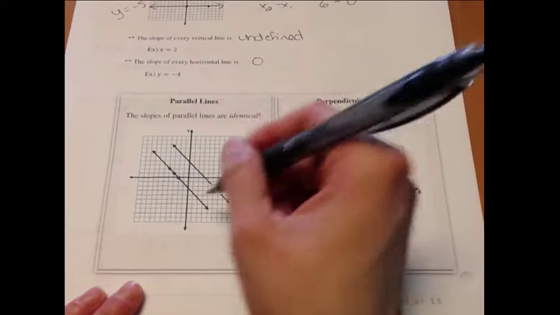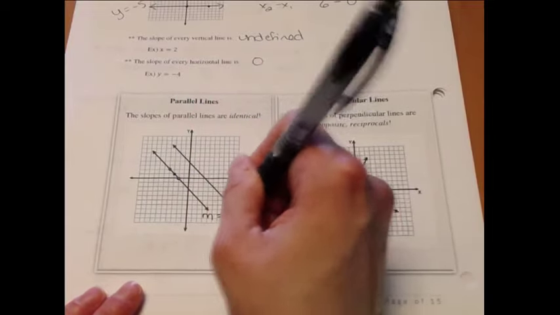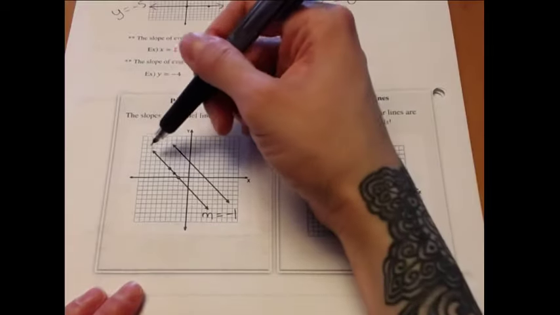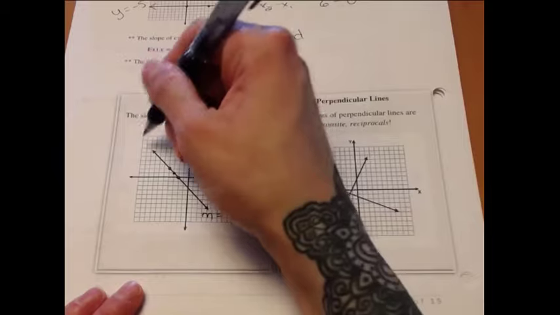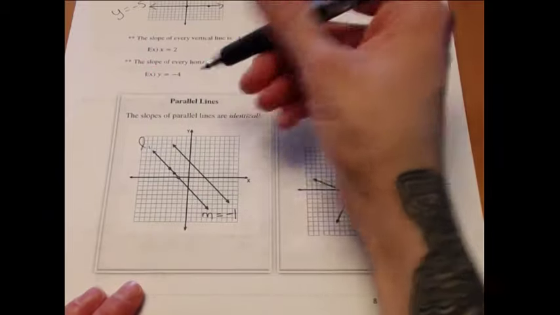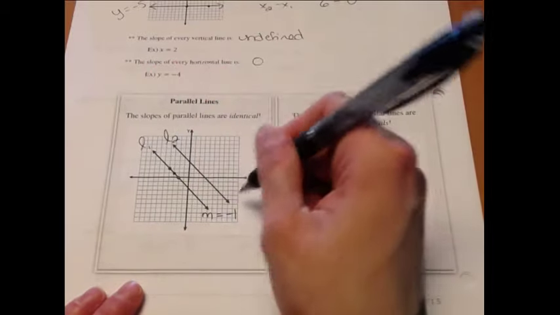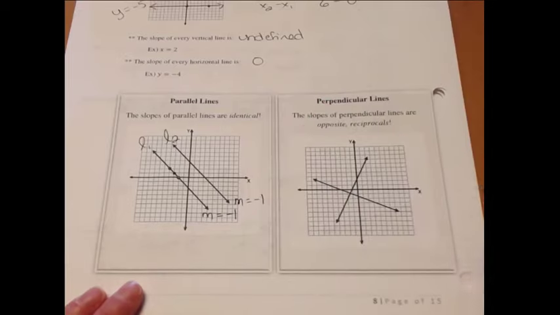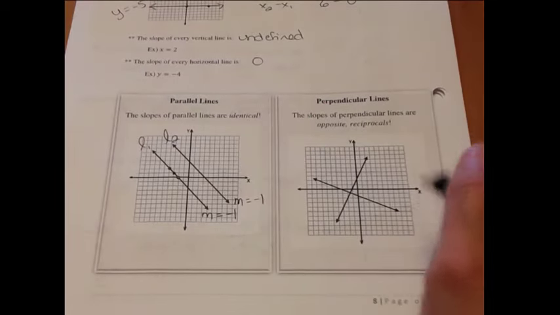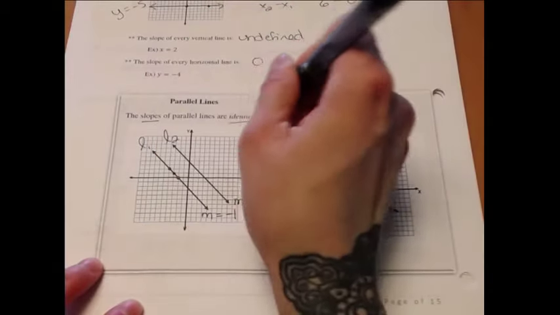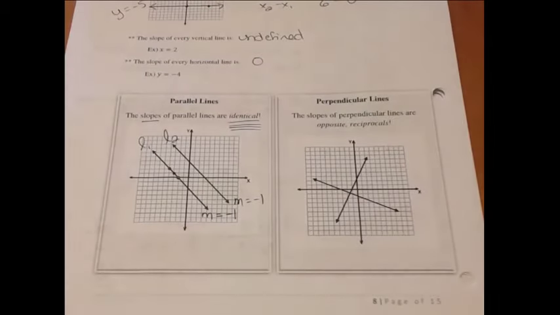So down 1 over 1, let's say that this has a slope of negative 1. If our lines are truly parallel and our first line, line 1, has a slope of negative 1, our line 2 has to have the exact same slope. So it also has to be negative 1. The slopes of parallel lines are identical. They are exactly the same. There's no change whatsoever.